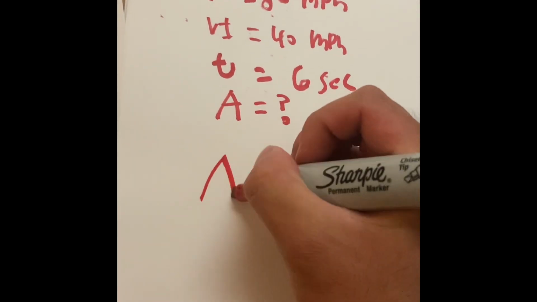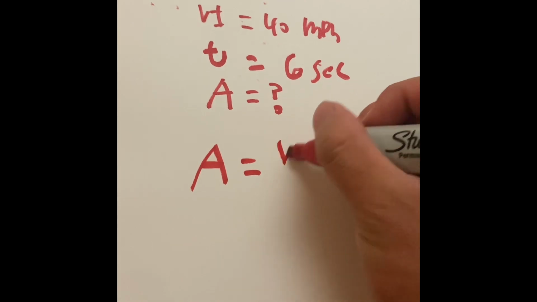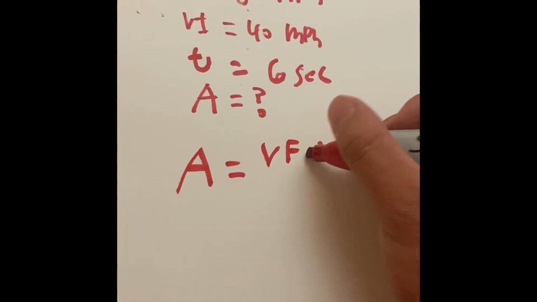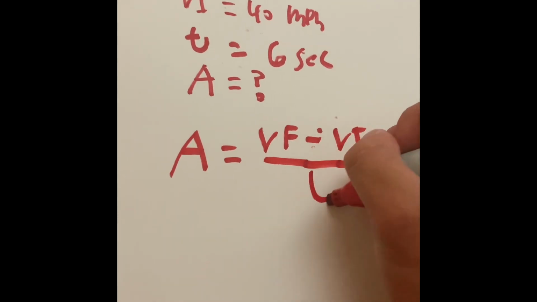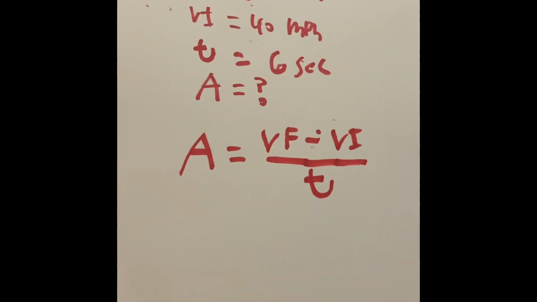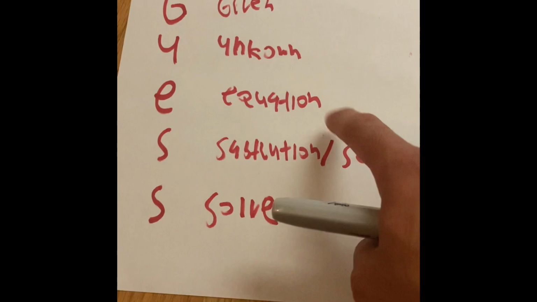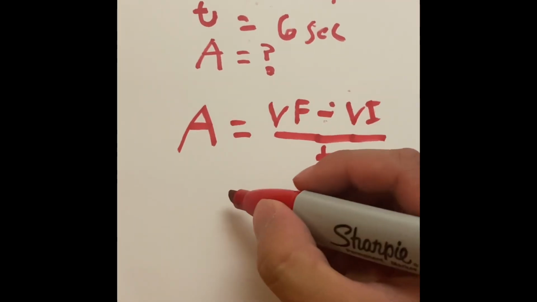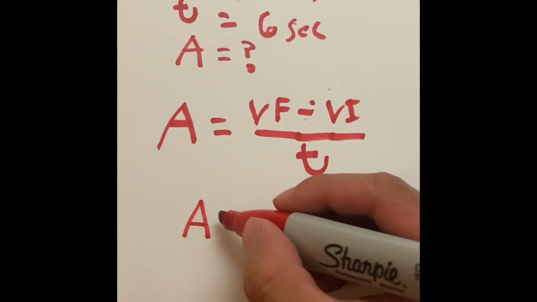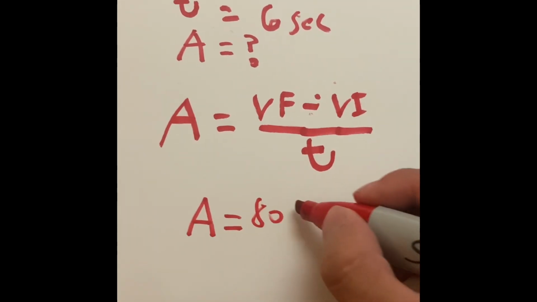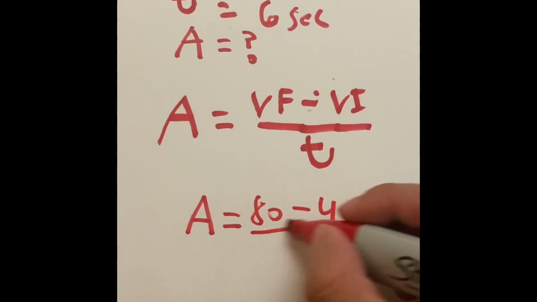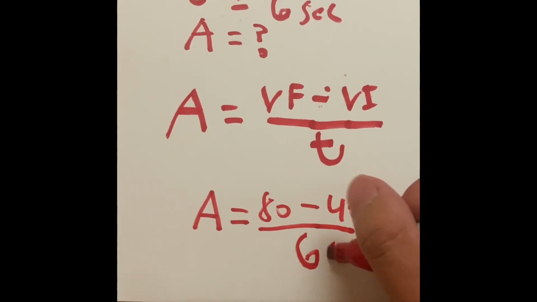So your acceleration is going to equal your final velocity, subtract your initial velocity, divide that by your time in seconds. That is our equation. Now we have to set it up and substitute. So we have 80, subtract 40, divide by 6 seconds.